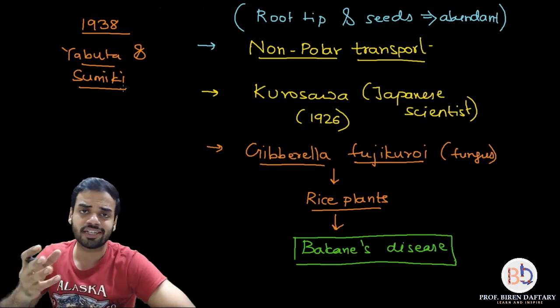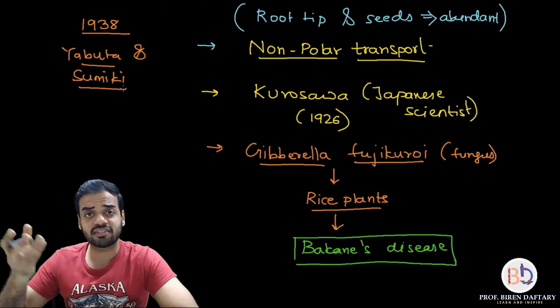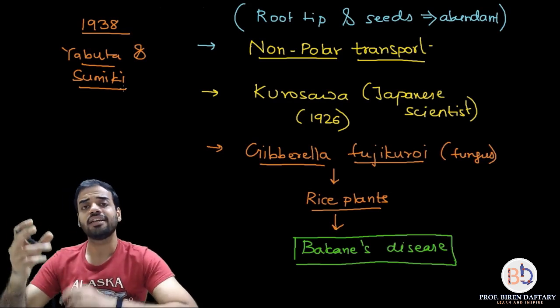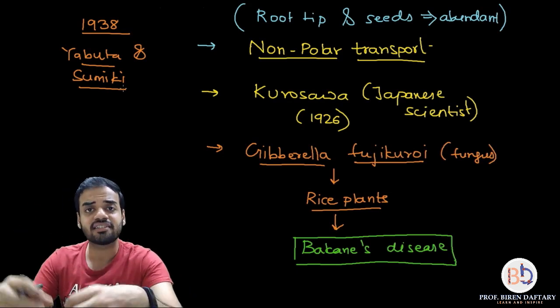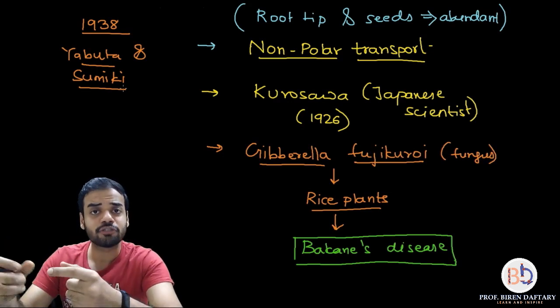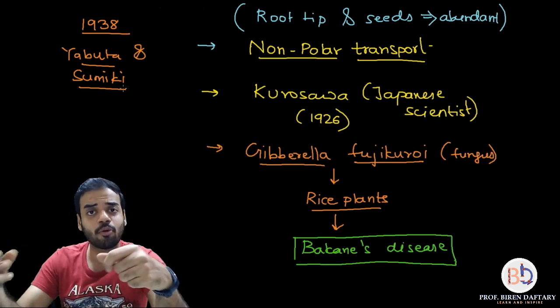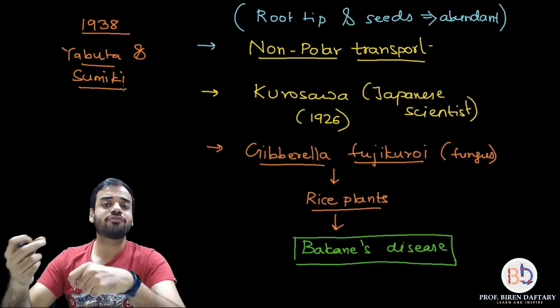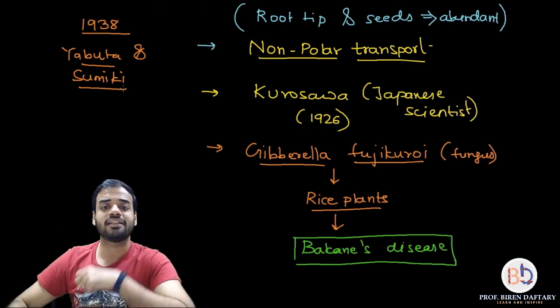However, if you are giving an entrance exam, there is a chance that such questions might be asked. So in 1938, Yabuta and Sumiki crystallized these chemical components present in Gibberella fujikuroi, which were responsible for elongation of the stem of the rice, and they called these crystallized chemicals gibberellins.